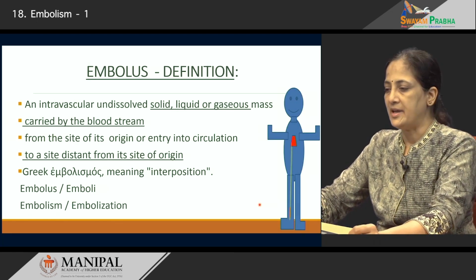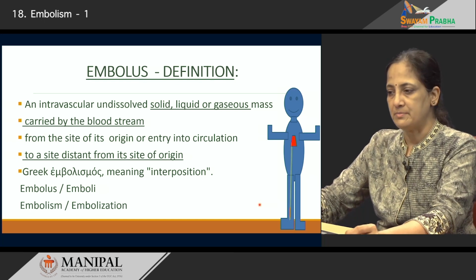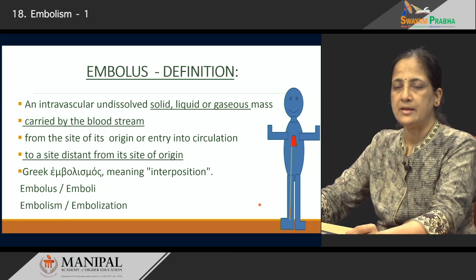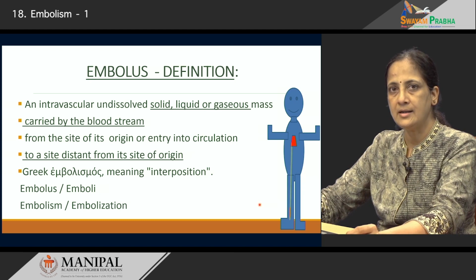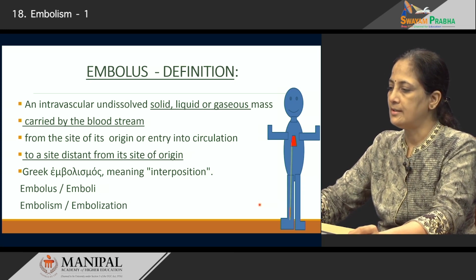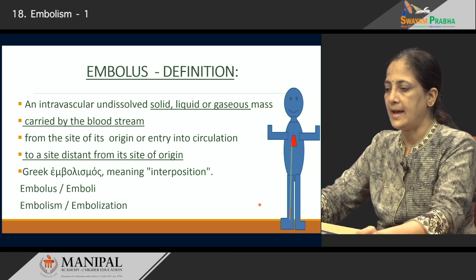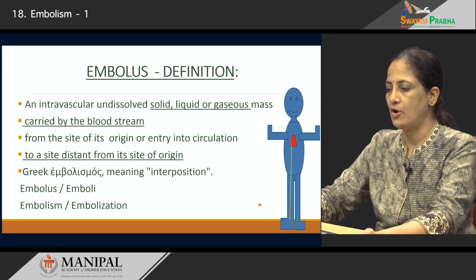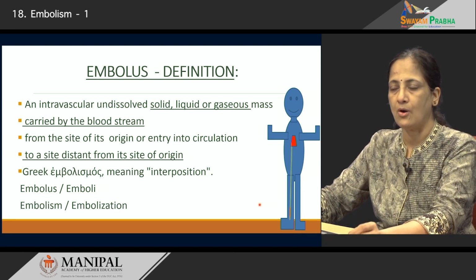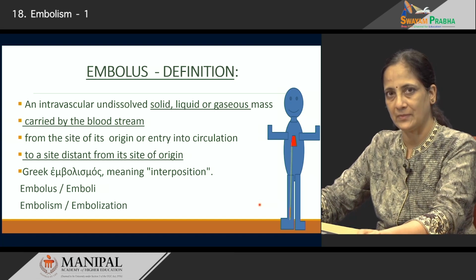The definition of embolus. This means that there is an intravascular, undissolved, solid, liquid or gaseous mass which is carried by the bloodstream from its site of origin or entry in the circulation to a distant site from its point of origin.